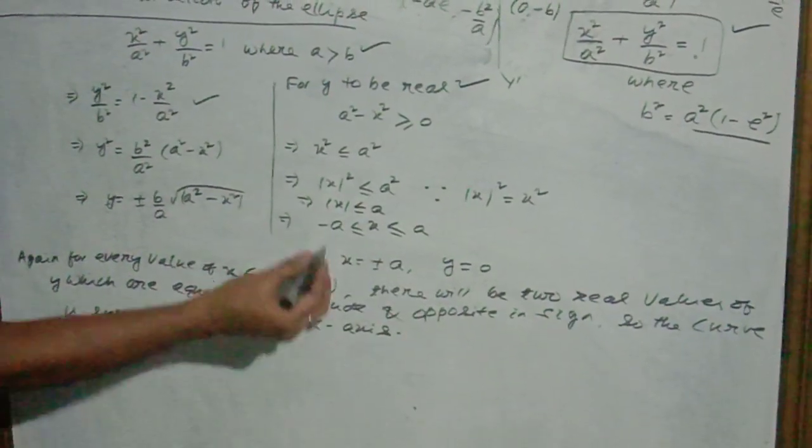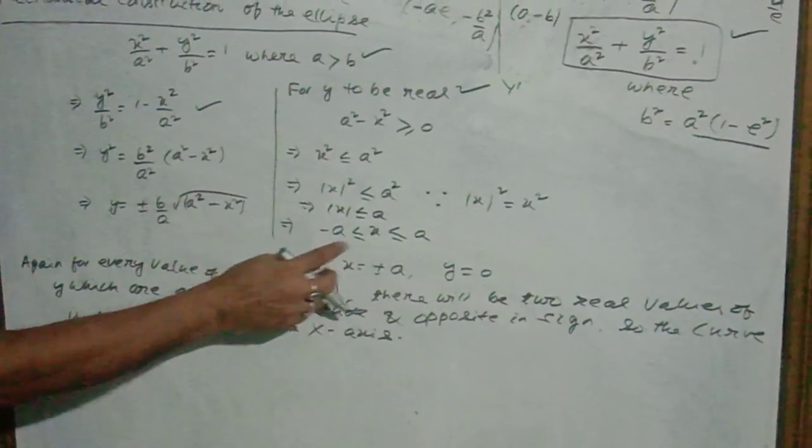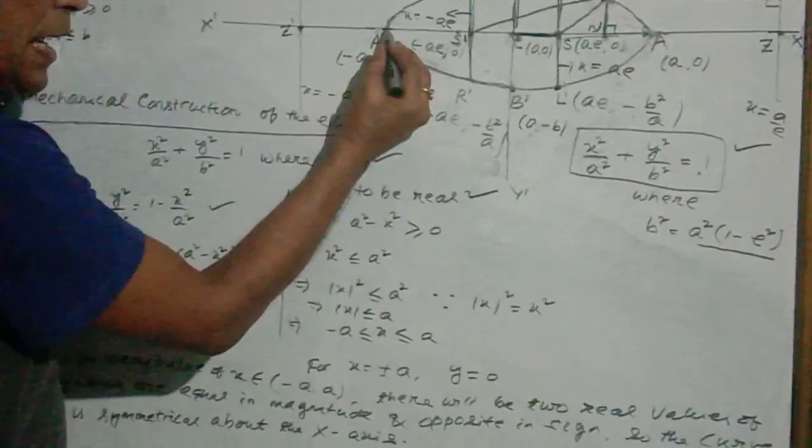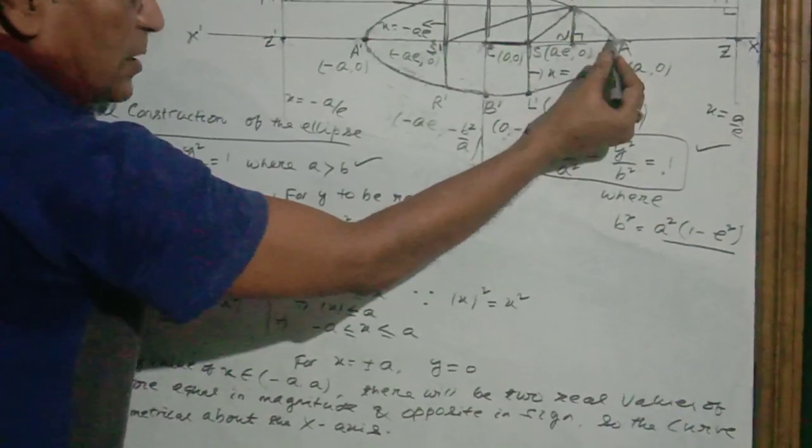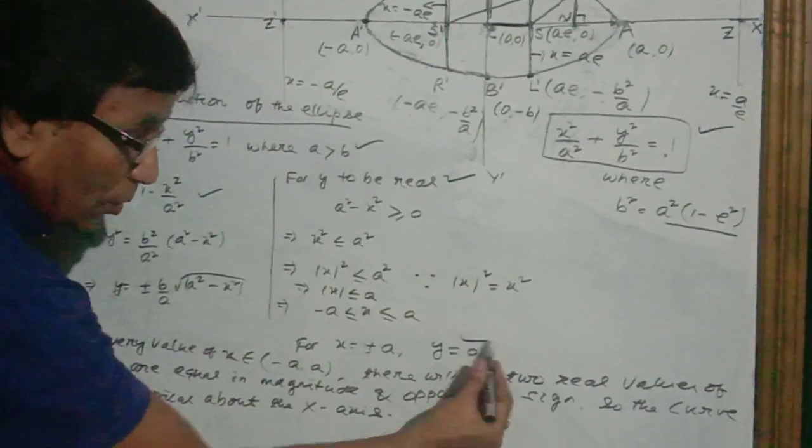So here you see that when x is equal to ±a, we are getting y is equal to 0.